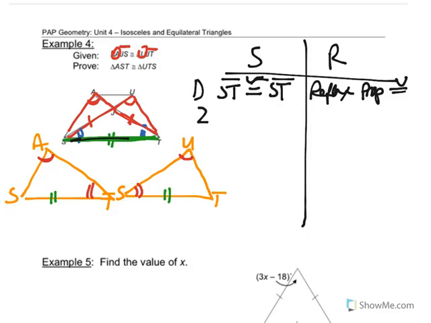And then we can say triangle AJS is congruent with triangle UJT, and that was given. This is number 1. This is number 2. Okay, number 3. Let's see here. Now, what do we know about angle SAT?